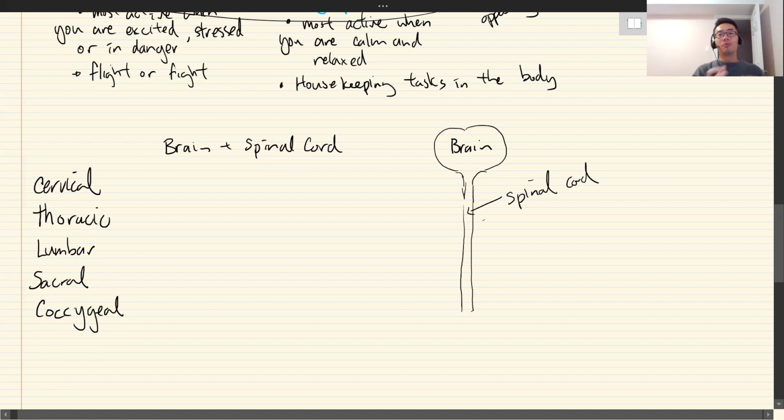So what I'm trying to say is, your spinal cord actually starts becoming tail-like structures when it gets to the lumbar part.